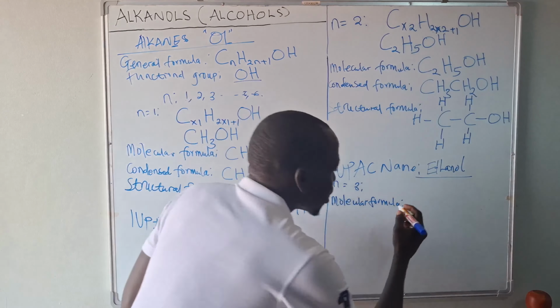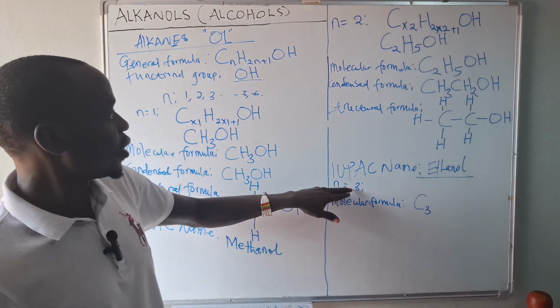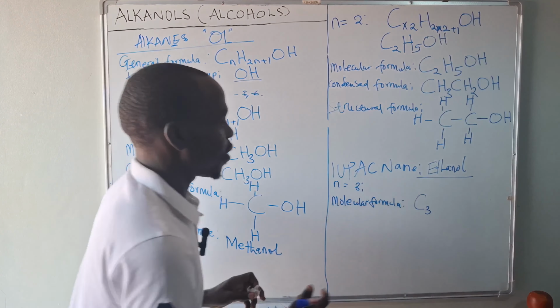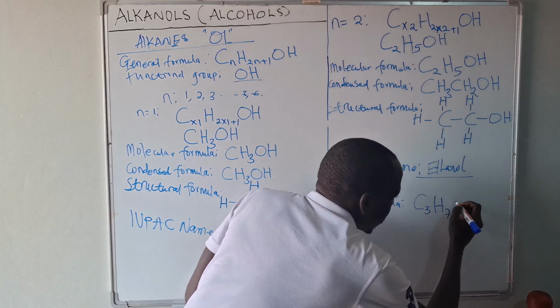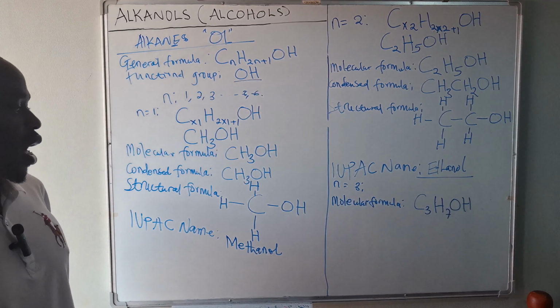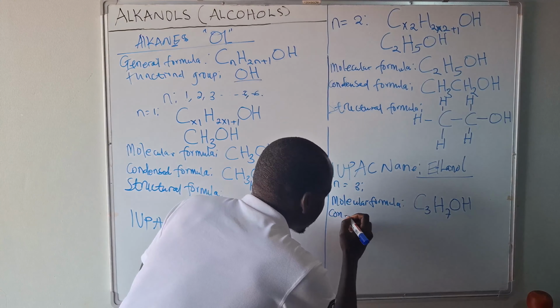I'll have C3, then 3 times 2, I'll get 6 plus 1, 7. So I'll have H, then I put 7, then OH. So that is the molecular formula.